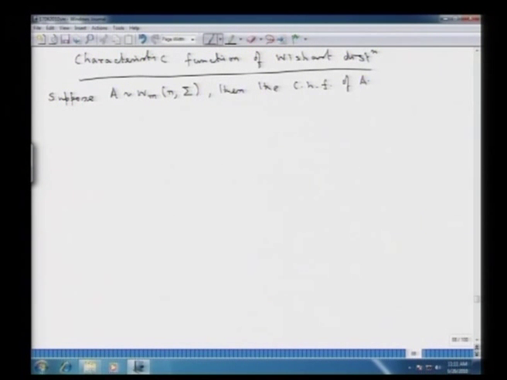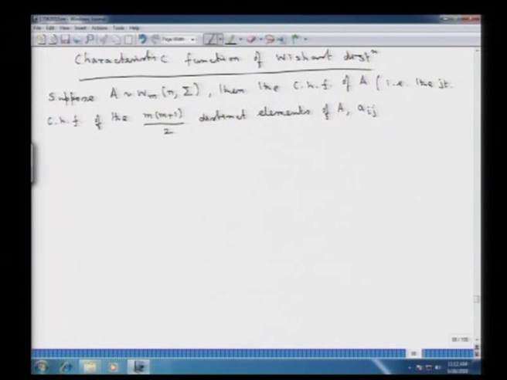now once again this is the joint characteristic function of the distinct elements, that is the joint characteristic function of the m into m plus 1 by 2 distinct elements of this random matrix A. Let me write them with some notation, say A i j.